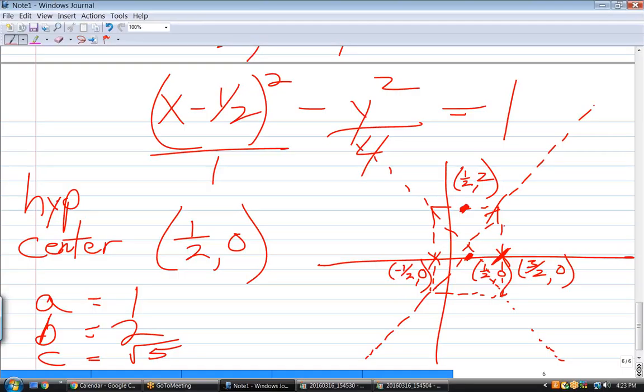The key is the hyperbola has to go through the vertices, and it's going to be asymptotic with that diagonal.